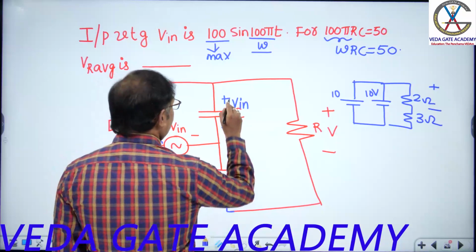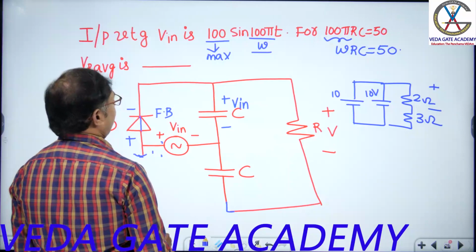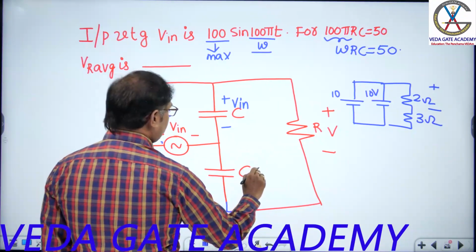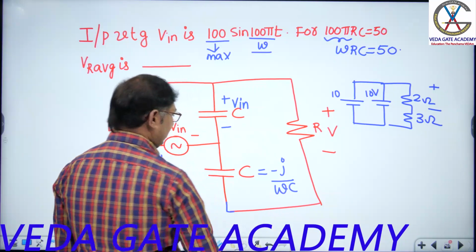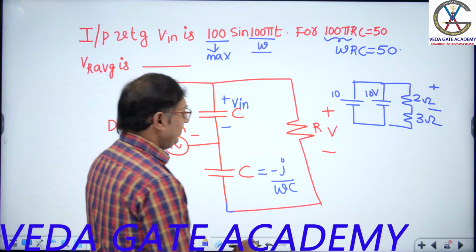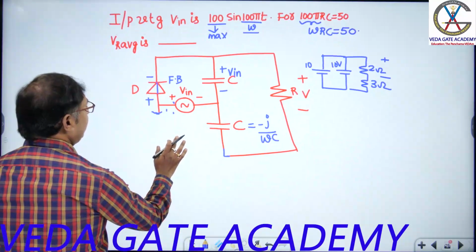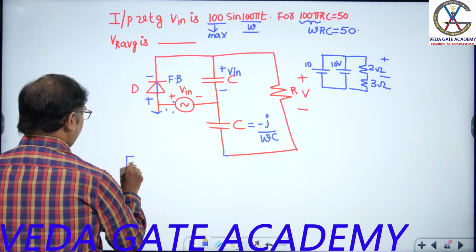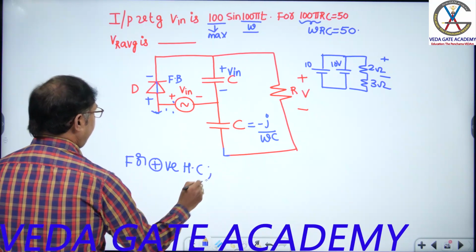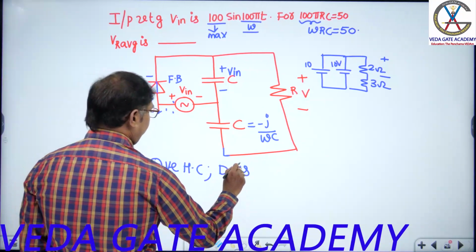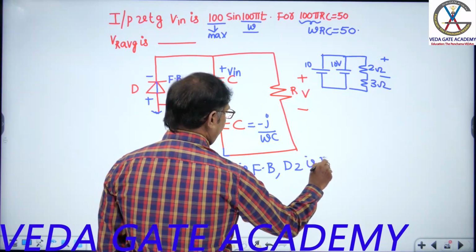This voltage divides between this resistor and this capacitor. I can replace the capacitor with minus j by omega C. Now let me write for the positive half cycle: diode D1 is forward biased, D2 is reverse biased.